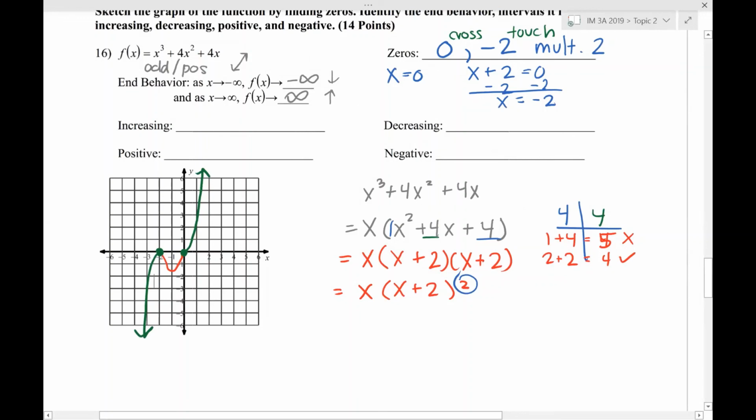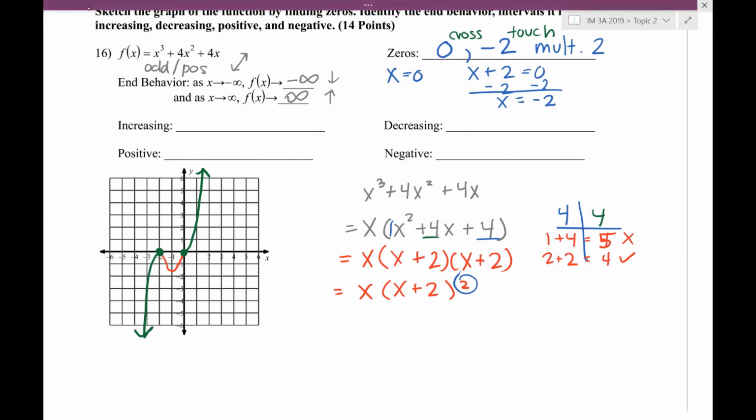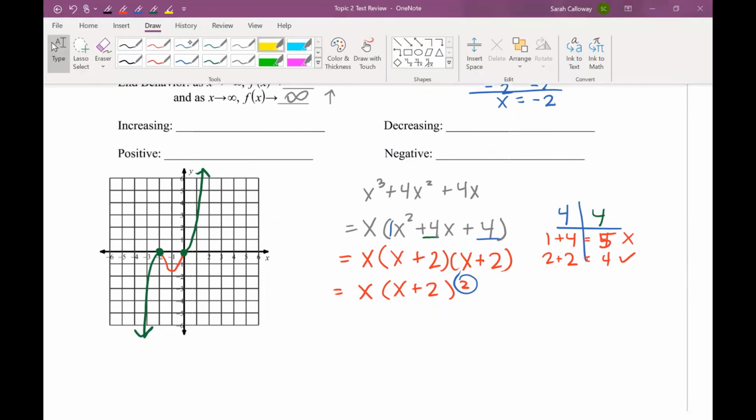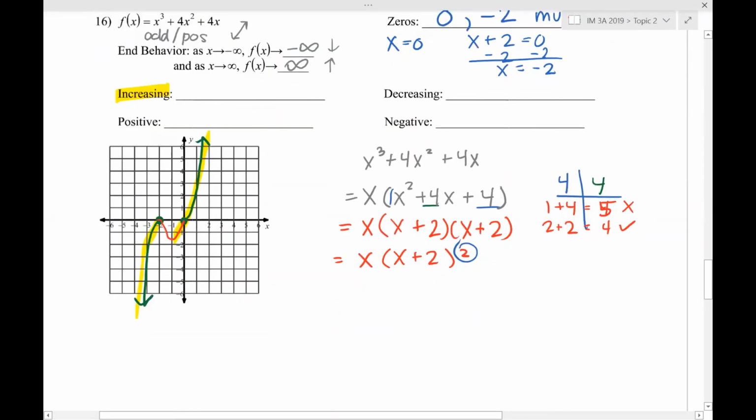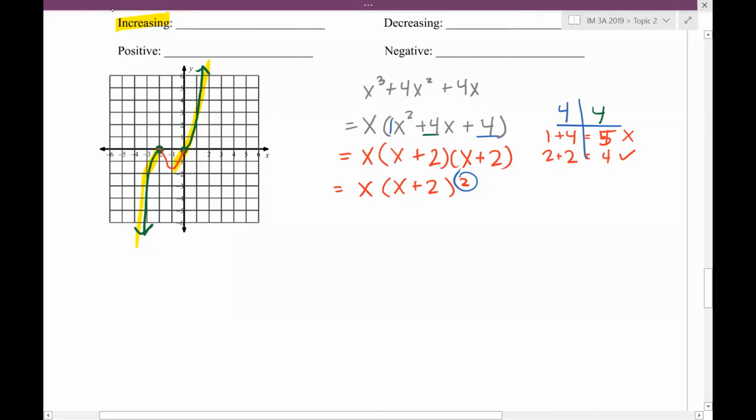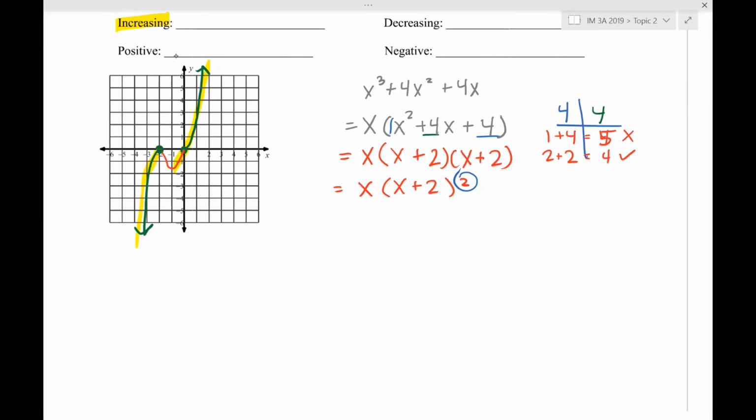Now that we have that in, we can answer questions about increasing, decreasing, positive, and negative. When it's increasing, it has a positive slope. So I'm going to highlight the increasing sections. When I identify those on my x-axis, remember that this represents negative infinity and this represents positive infinity.